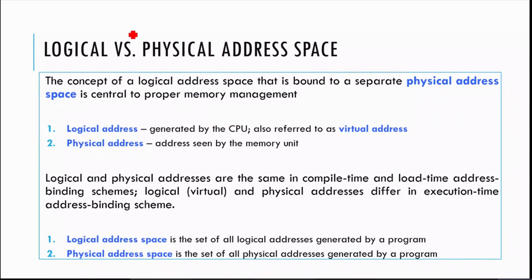Now, I think I have given a little information about the meaning of logical and physical. Physical address means you can think that you have the memory, say the memory size is 1 GB. It starts from 0001 and goes up to 1024 MB.